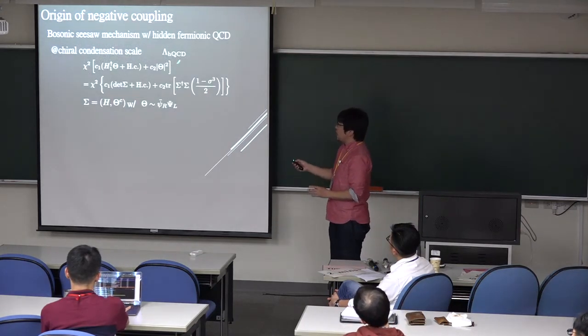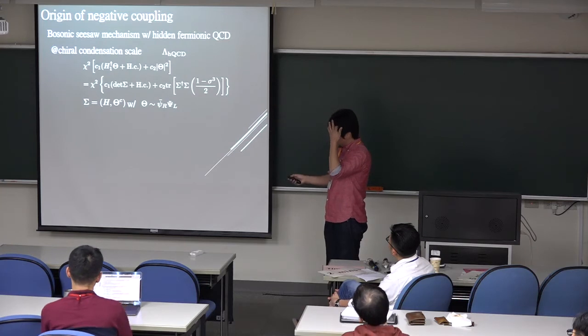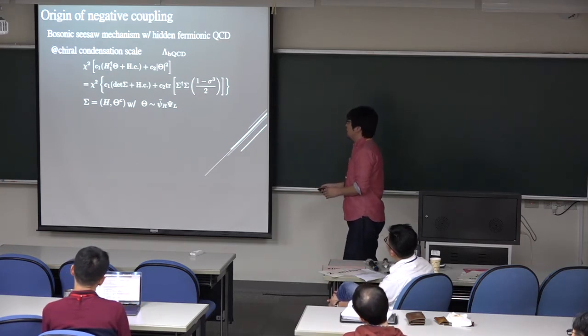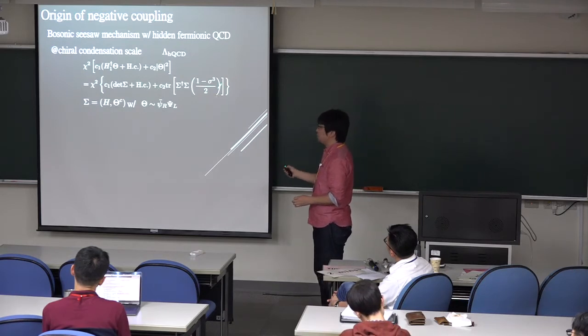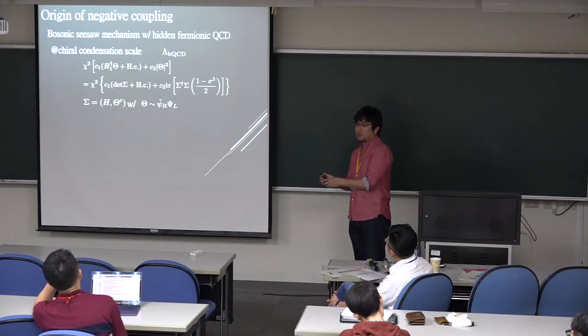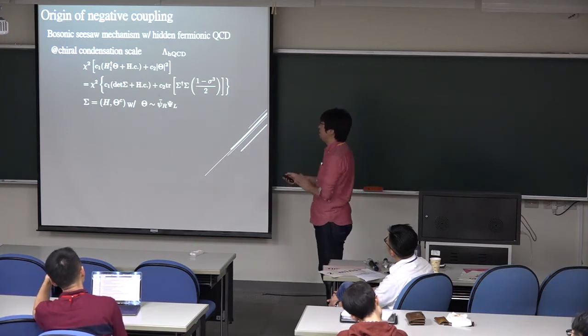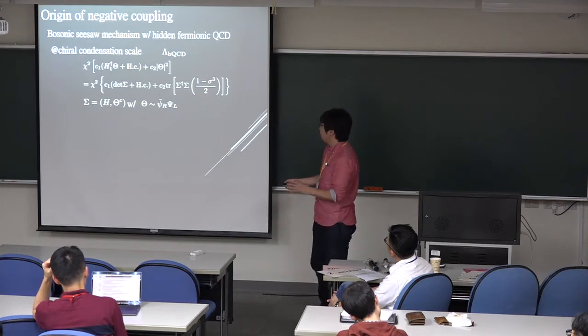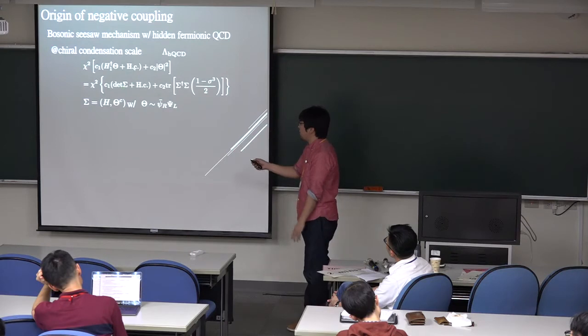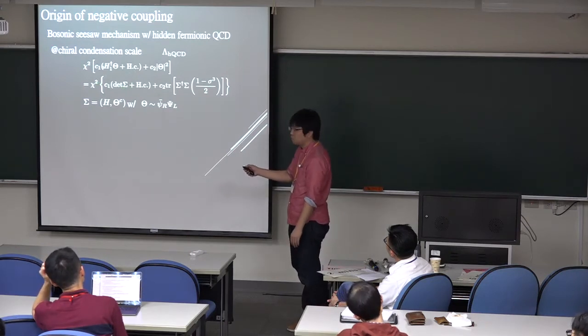But that kind of bosonic seesaw can be realized by using hidden fermionic QCD. The shape of the potential itself is completely the same as the two-Higgs model case, because we just have the composite Higgs in addition to the elemental Higgs. Thanks to the scale invariance, we do not have the Higgs mass term for H1.